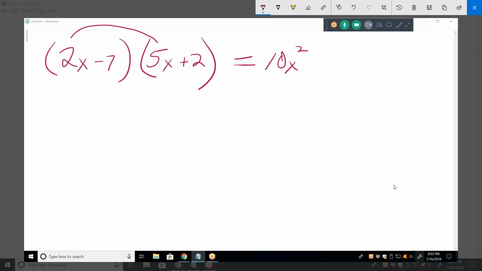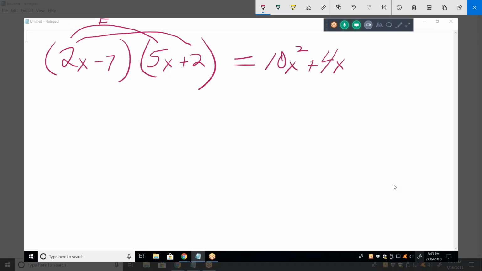Part of FOIL means first, that was the F. Outside means the two outside terms. What's 2x times plus 2? What is 2x times 2? Okay, and it's a plus 4x.